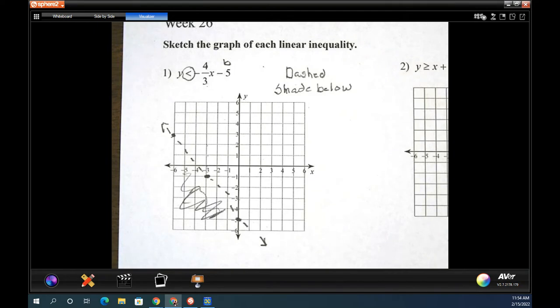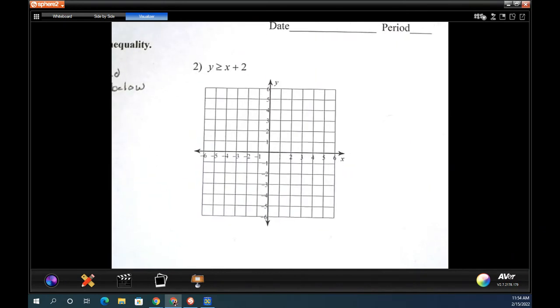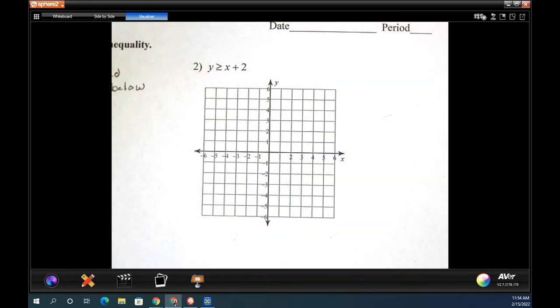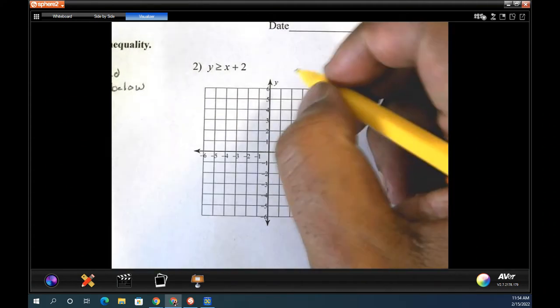All right. Let's look at this. Let's look at number 2. Alicia, is it going to be solid or dashed? Gabriella, solid or dashed?